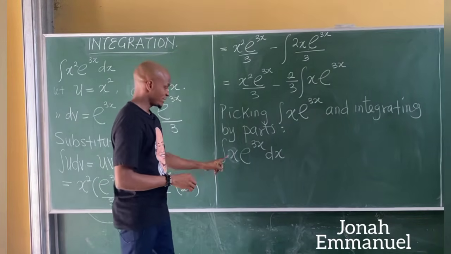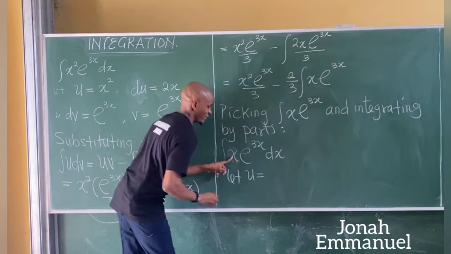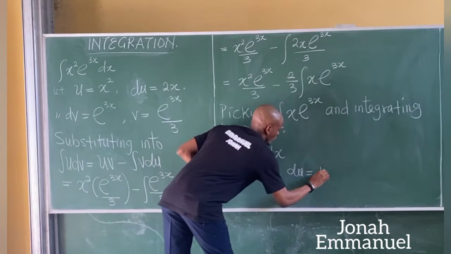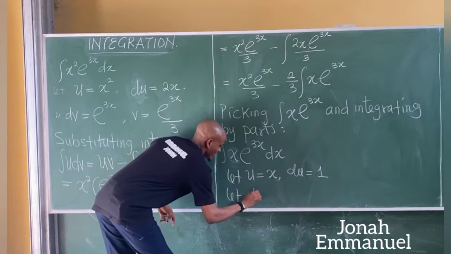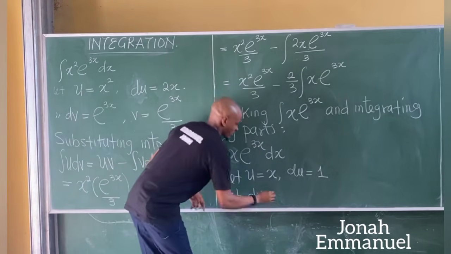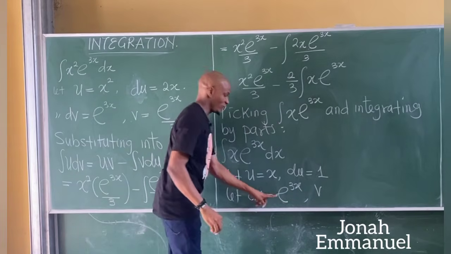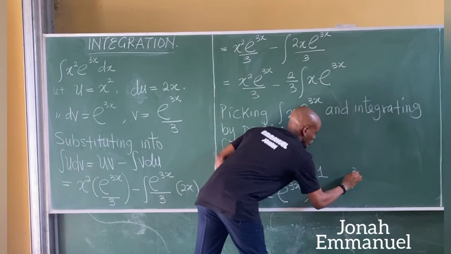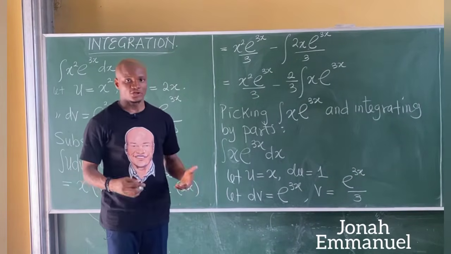So for this case, let u be equal to what I have here, x, such that du is equal to 1. Also, let the dv be equal to exponential 3x, such that on integration of this, the v is now equal to exponential 3x all over 3 using the shortcut.